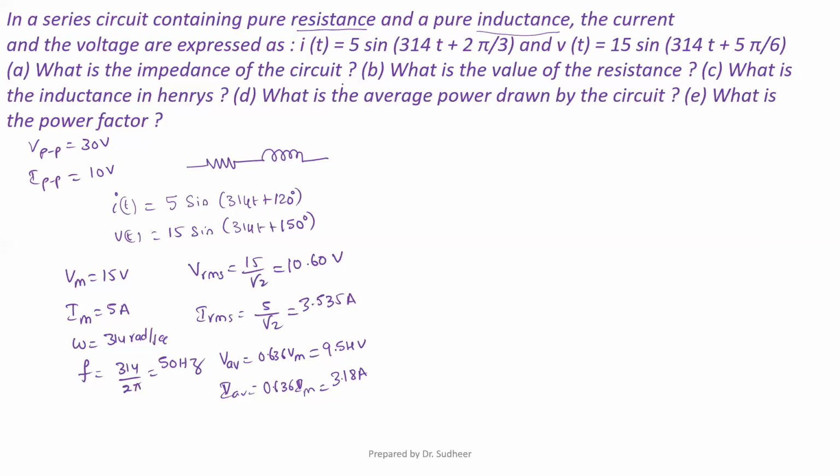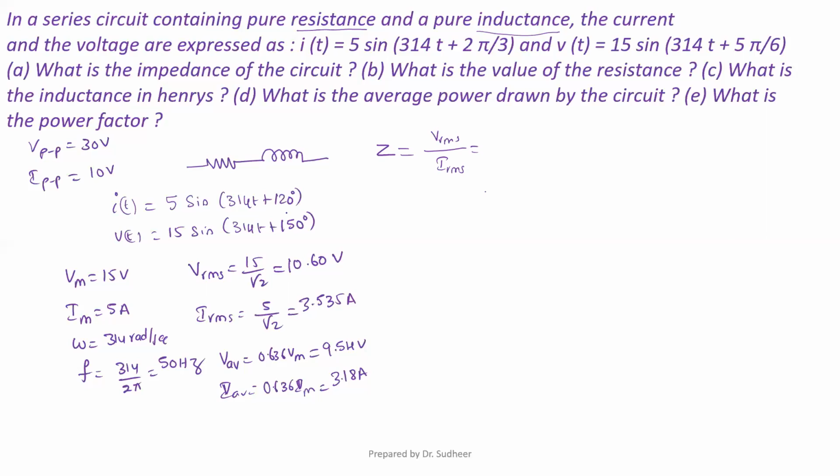So what is the impedance of the circuit? In order to find out the impedance of the circuit, Z is equal to VRMS by IRMS in complex mode.